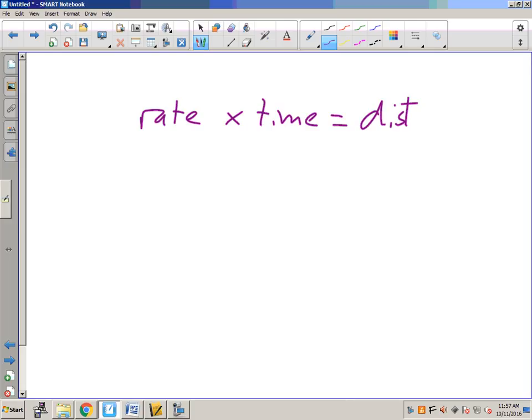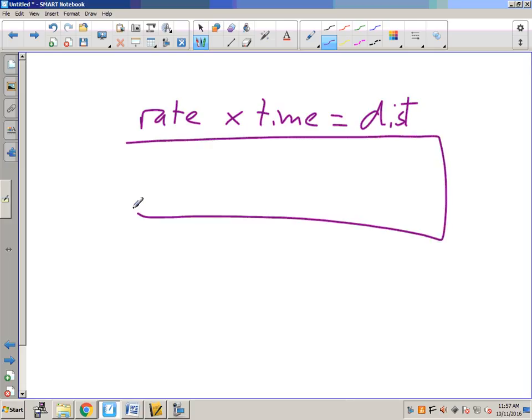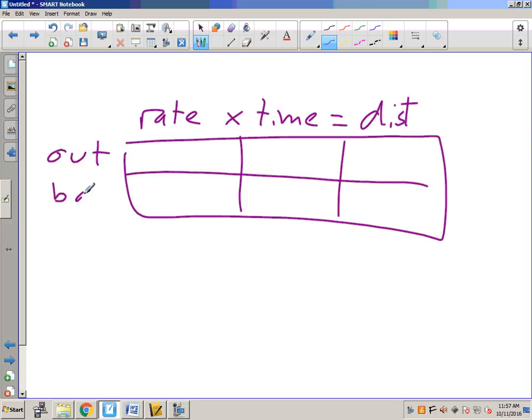So you're going to see a problem where a woman's going jogging. She's going to go out to a certain point, and then she's going to run back. She's going to run slower on the way back than she ran on the way out. Tired, right? Now, in this case, there is no need for a total column, because what do you know about these two distances?